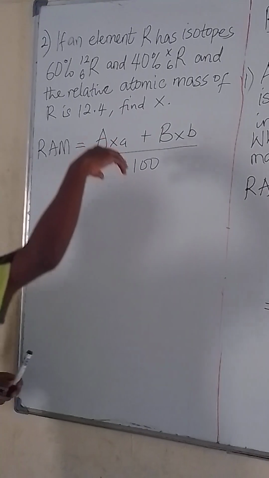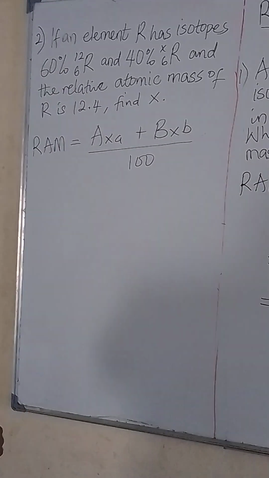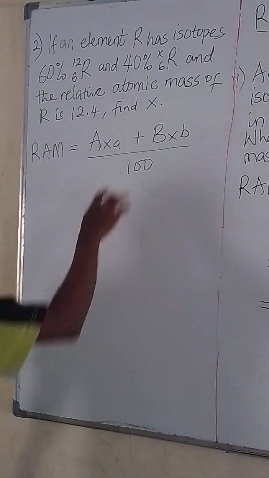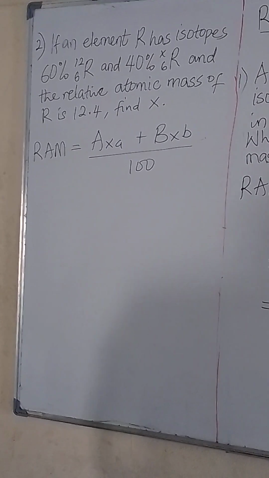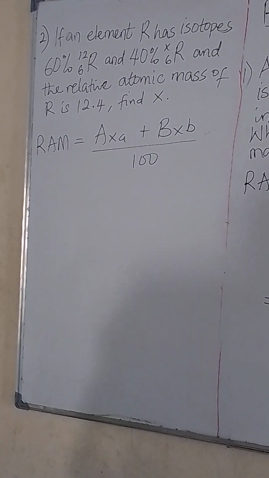The uppercase letters represent mass number, the lowercase letters represent relative abundance of the isotopes.